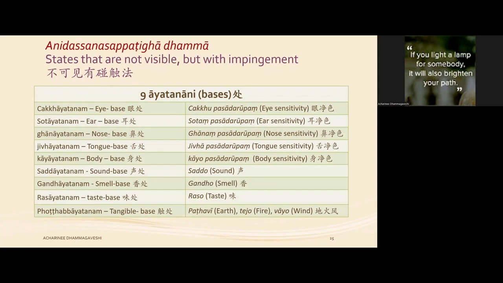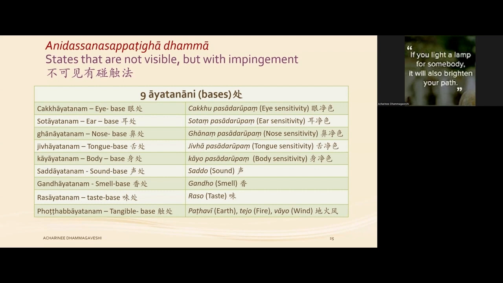So starting from Chakku until Kayayatana, we get the 5 Prasada Rupa being classified. And then from Saddhayatana until Pottabhayatana, we get 6 elements being classified under these.